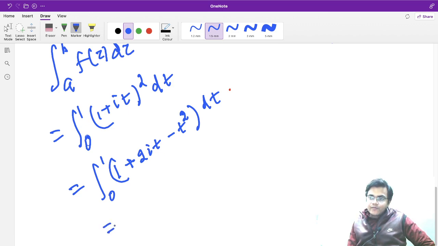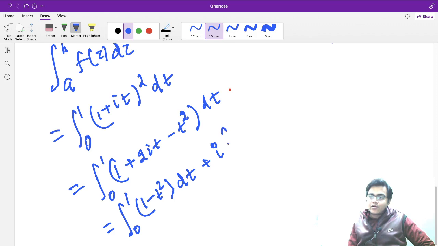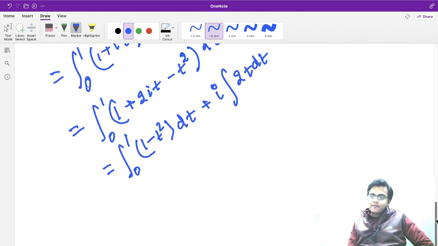So finally, this is 0 to 1, you can see the thing right here: (1 minus t square) dt. And thereafter you take iota as common and you are going to get 2t dt. Iota has been taken as common.